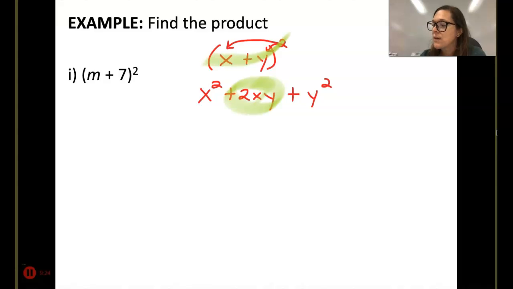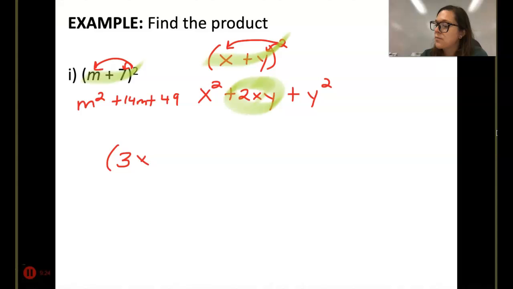So if we use that trick over here, square the first, that gets me m squared, square the last, that gets you the 49, and this is where students always forget the middle term. Multiply all those together. m times 7 is 7m. 7m times 2 is 14m. See how that works? Let's try another one before I make you do one on your own.